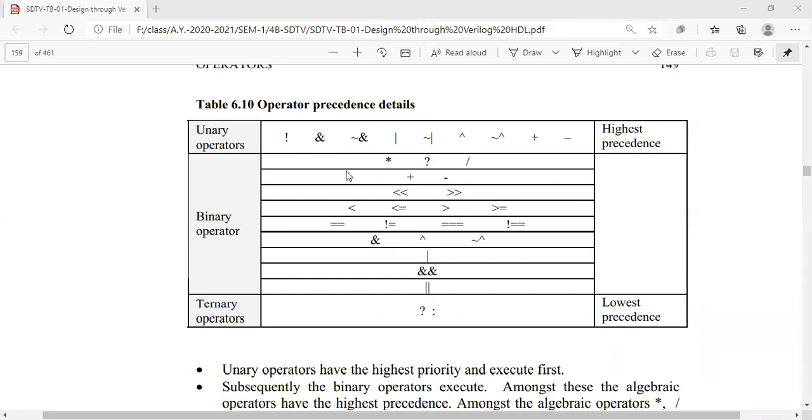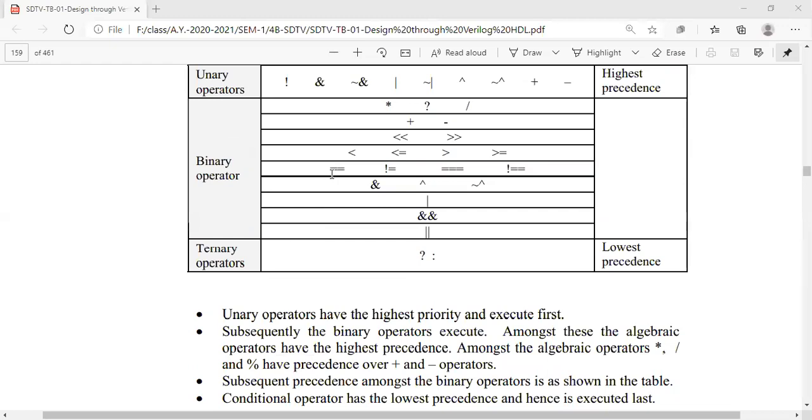So here, in the binary, these are the unary operators. They all have the same highest precedence.